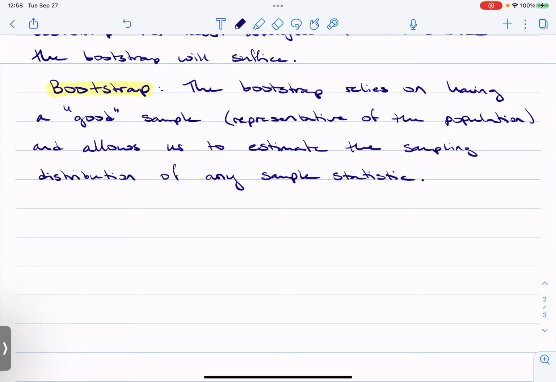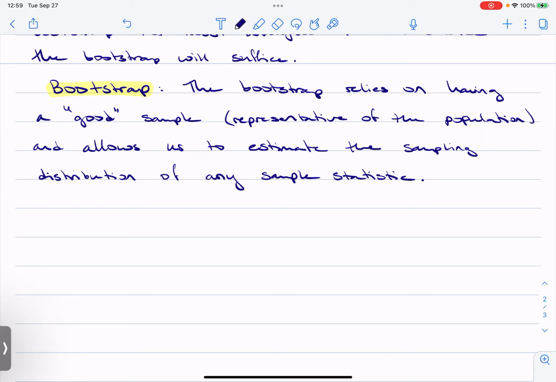Slowly I'm accumulating these means, and then I'll have a data set of the means that I've generated. If I make a histogram of those means, that gives me the sampling distribution of the mean.